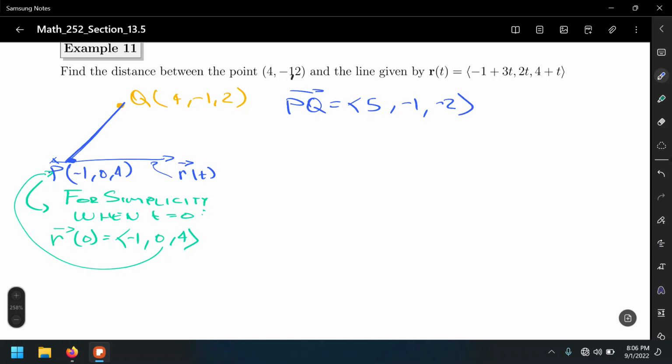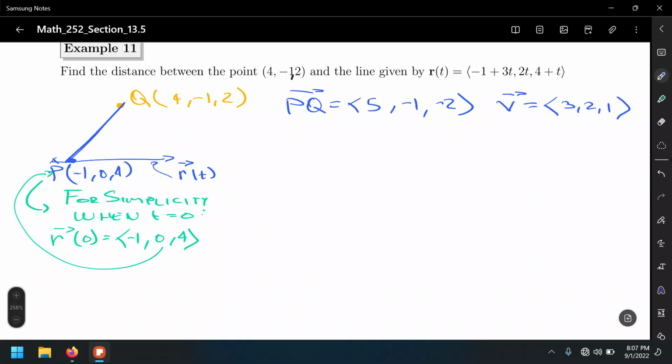And what else do we have? We need to find the cross product of this vector and another vector, the vector V. That vector V will be the coefficients of t on the vector valued function: 3, 2, and 1.